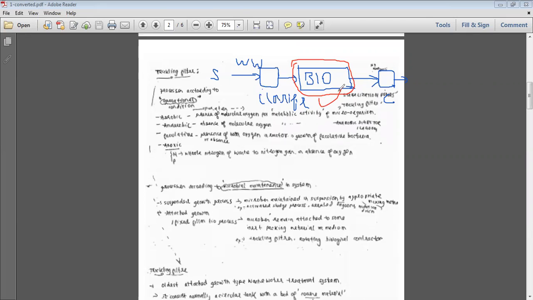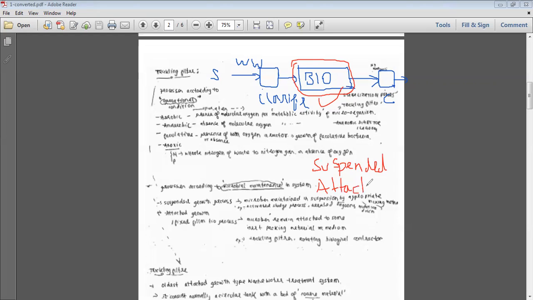I don't know how much you have understood, so I will revise a few things today. What happens in biological treatment? There are two ways you can provide it. One is suspended growth, and one more is attached growth.